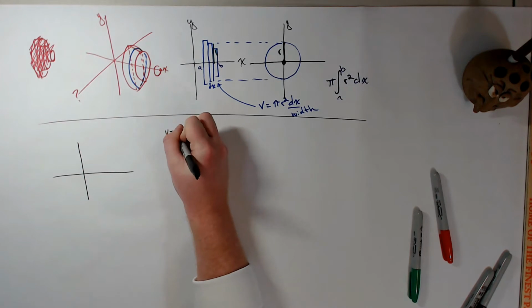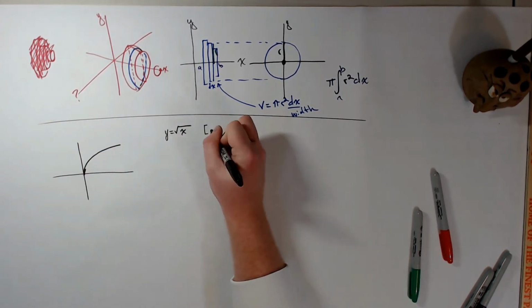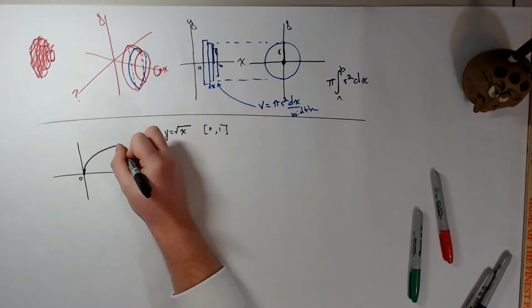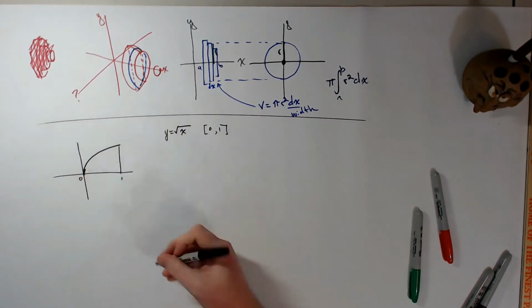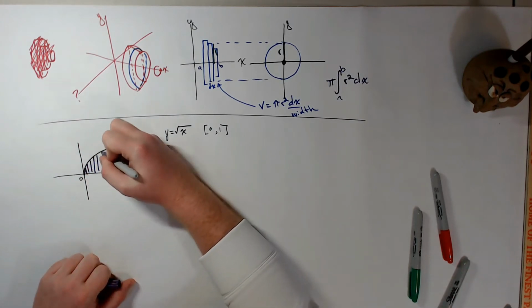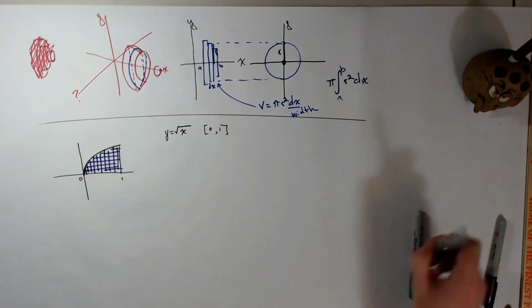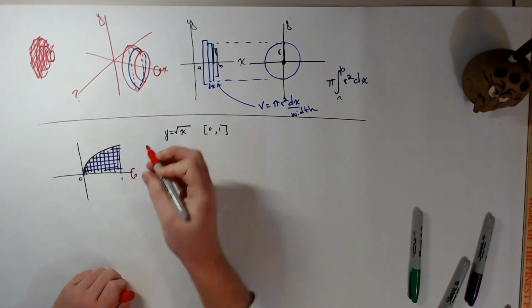Let's take the function y equals the square root of x, which looks kind of like this, and let's examine this on the interval from 0 to 1. So I get a region here. Let me just get the right color. And we want to rotate this region about the x-axis.